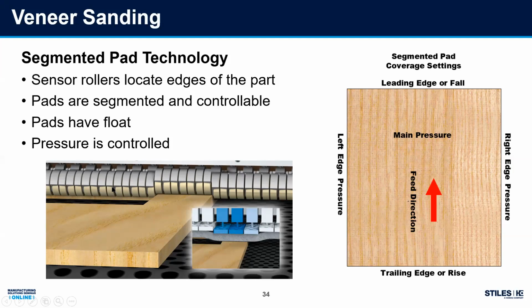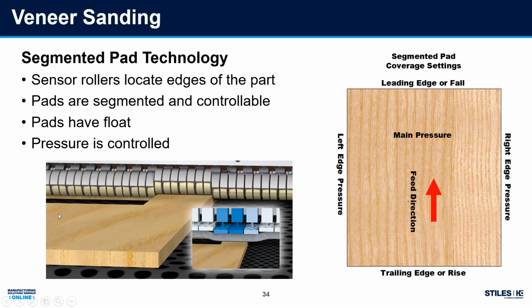The sensing rollers basically locate the edges of the part. They track where the edges are, inside edges, outside edges, leading and trailing edges, and they fire segments. And segments are basically inside the machine, inside the abrasive belt, pushing down on the abrasive belt in order to put pressure only on the workpiece where we want the pressure.